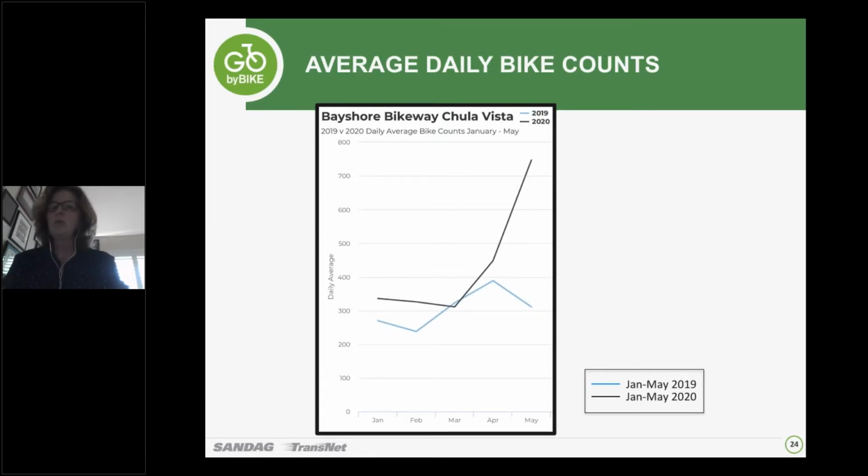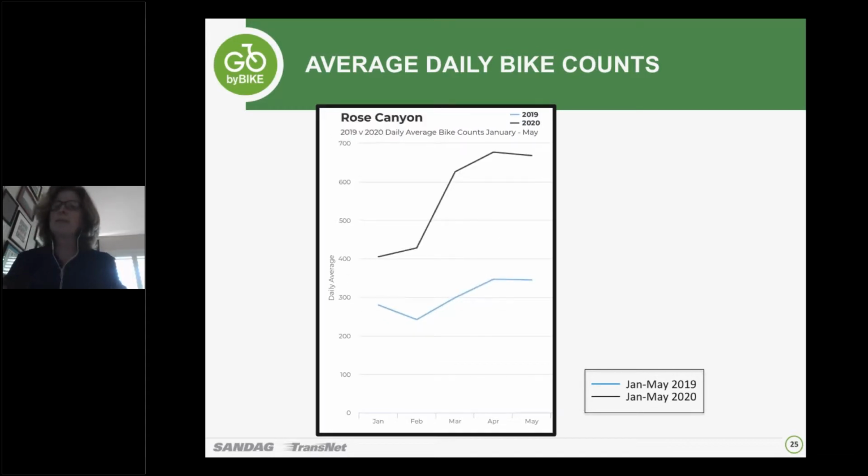So the blue line showing you where we were at a year ago, and then just the spikes we are seeing in our bike usage this spring. So it's been January to May of this year in the black line. So this is down along the Bayshore Bikeway, which is a Class 1 facility along the Bayfront. This is in the city of Chula Vista. And then the next slide is a similar corridor, but this is Rose Canyon.